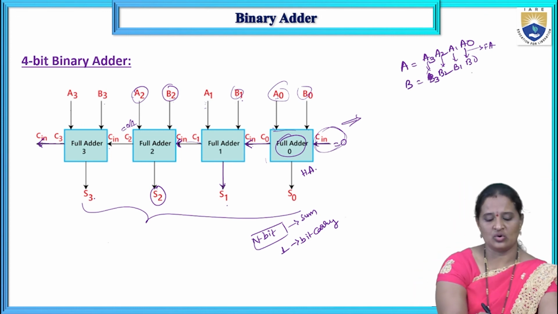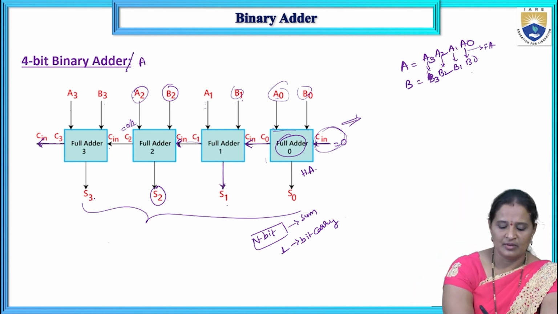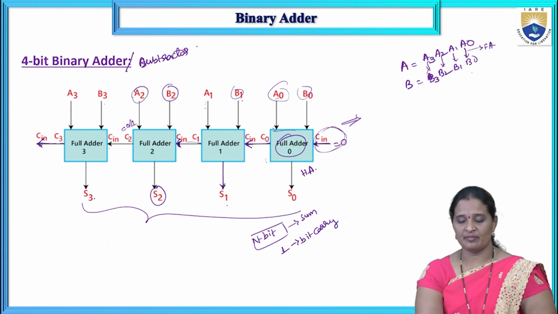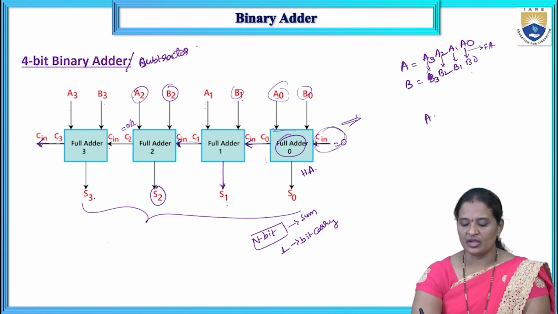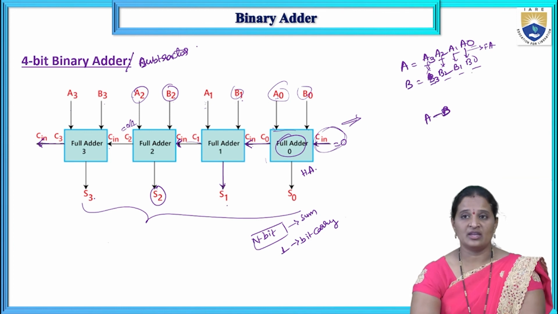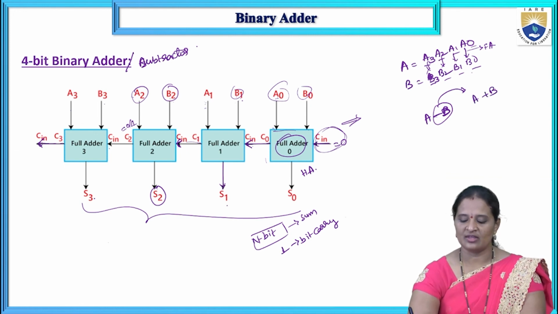Similarly, we can also implement a 4-bit binary subtractor. How can we implement a binary subtractor? We are performing A minus B, where A is A3, A2, A1, A0 and B is B3, B2, B1, B0. As we know, subtraction can be converted into addition by taking the complement of B, either 1's complement or 2's complement.